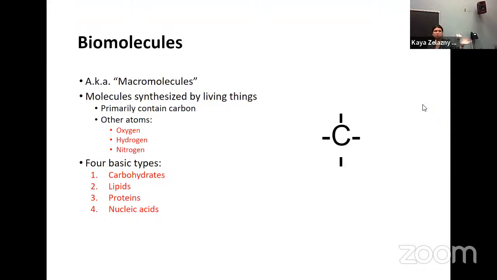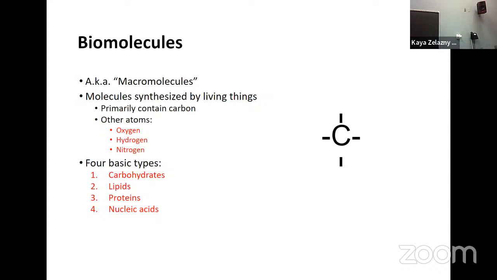So when we say biomolecules, or we pretty interchangeably use the term macromolecules for the purposes of this course, we're talking about molecules that are synthesized, well, made by living things. They're primarily going to contain carbon. They're going to be carbon-based molecules. They're going to be relatively large.